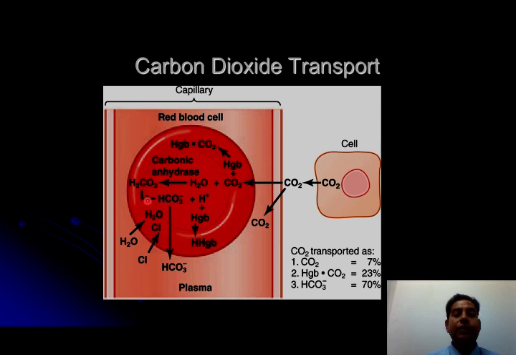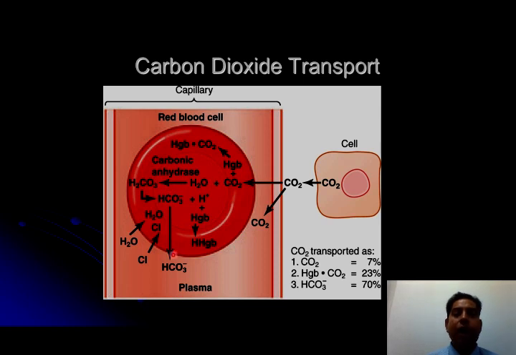Now, this carbonic acid is broken down into hydrogen and bicarbonate. The bicarbonate can be transferred into the plasma for transport. This is the major route of transport, and the hydrogen will combine with the hemoglobin to form reduced hemoglobin, and water can enter the cell freely to be hydrated with the carbon dioxide.